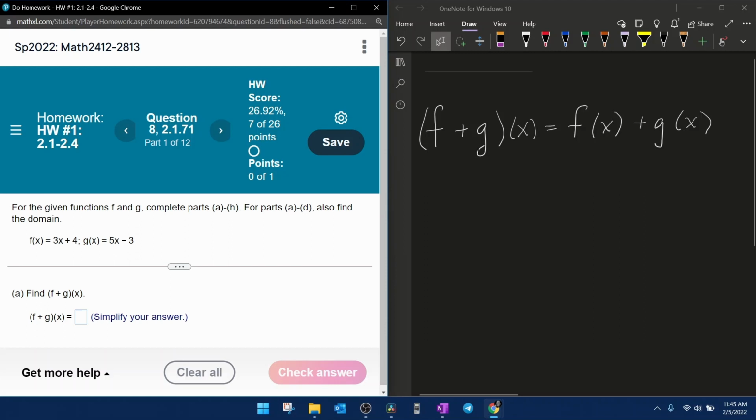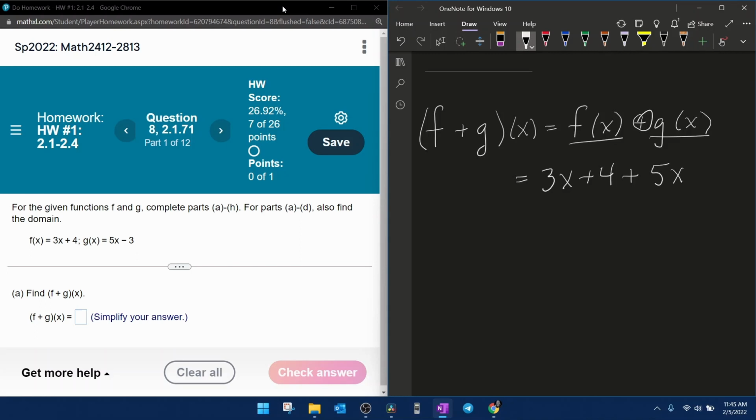Over here I've written that f plus g of x is the same as f of x plus g of x. So the first step is going to be to replace f of x with what it's equal to, which is 3x plus 4, and then the sign is plus, and then we're going to replace g of x with what it's equal to.